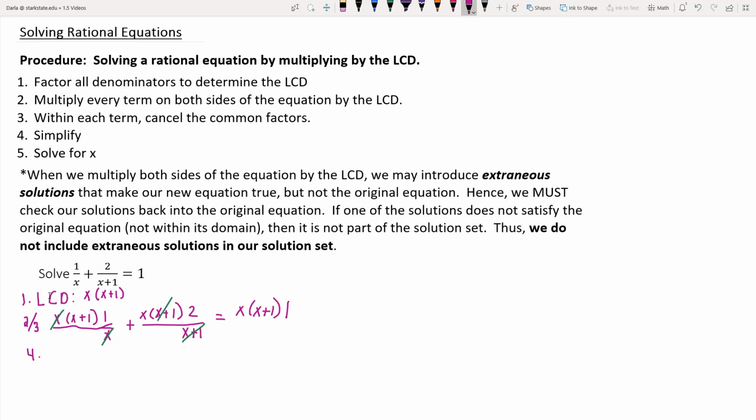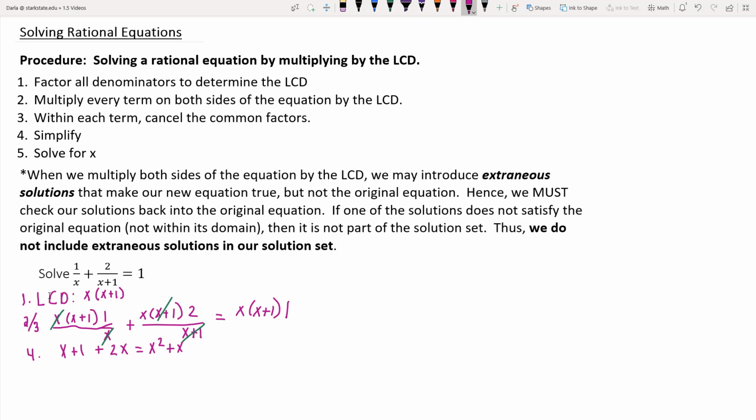So x plus 1 times 1 is x plus 1, plus 2 times x, so that's just 2x, equals x times x plus 1. Distribute that, you'll get x squared plus x, and then all of that was multiplied by 1, but that doesn't change anything.